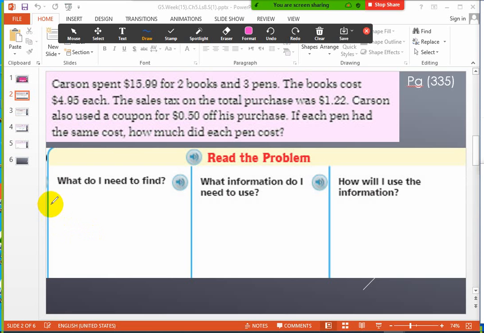So first thing, what do I need to find? Do you remember I solved a problem before and I told you these 3 steps to read the problem? That means I have to understand the problem by answering those 3 steps.